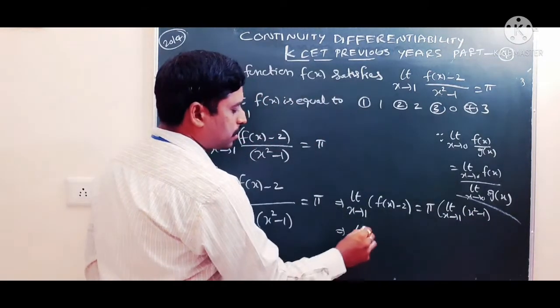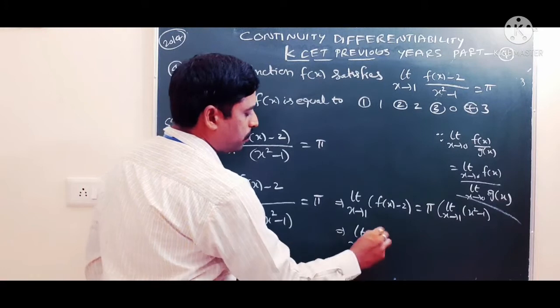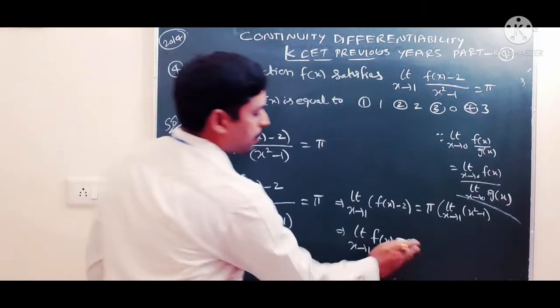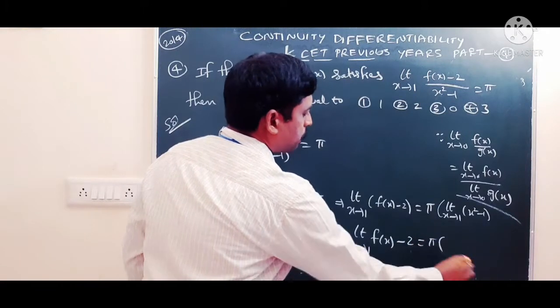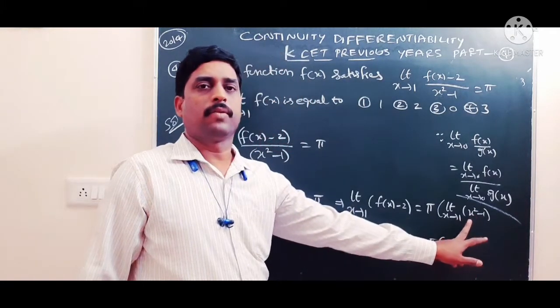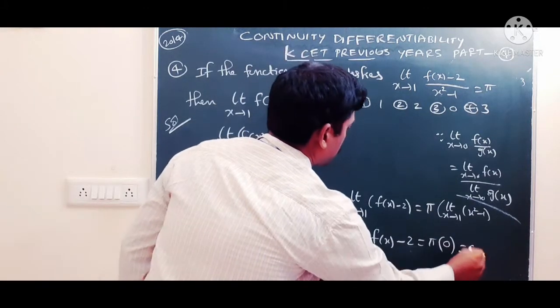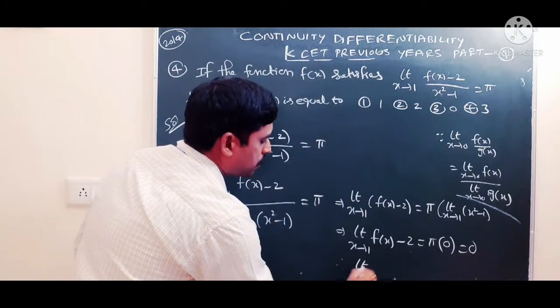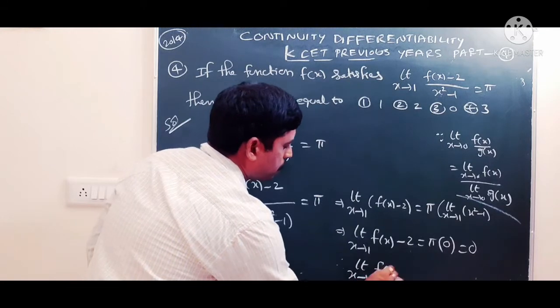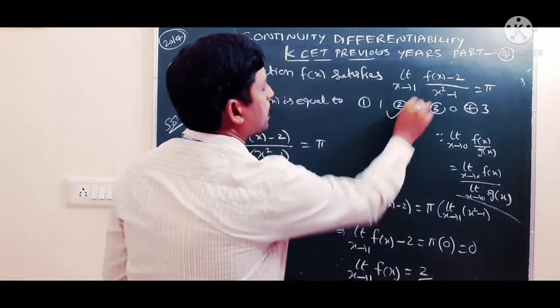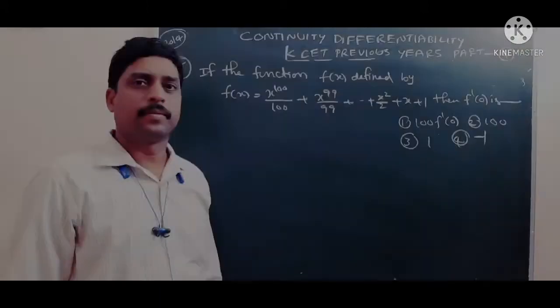Now limit of f of x, minus 2 constant function. So pi times, putting x equal to 1, this value will be 1 square minus 1, which is 0. Therefore limit as x tends to 1 of f of x is equal to, bringing the minus to the right side, plus 2. The answer, second option, is correct.